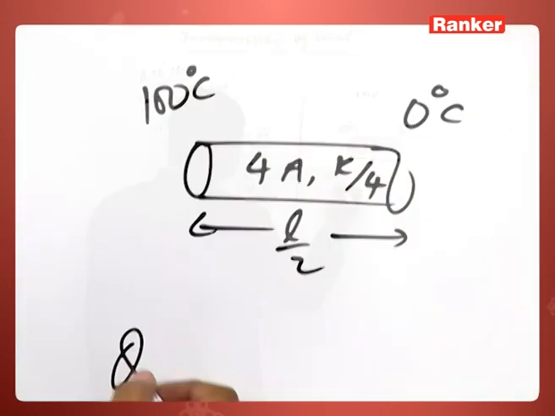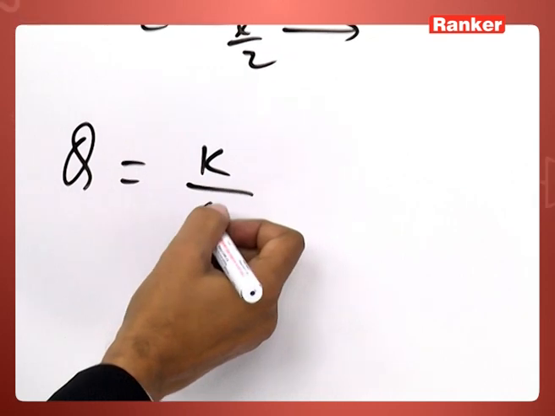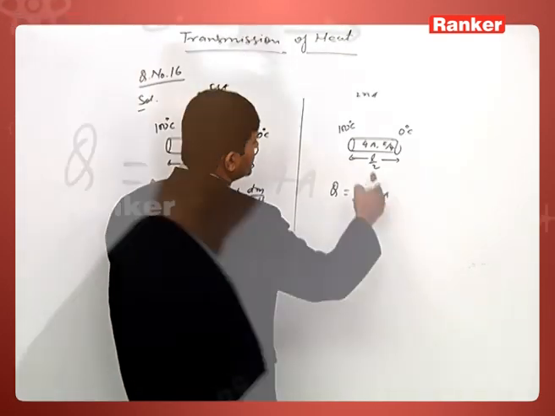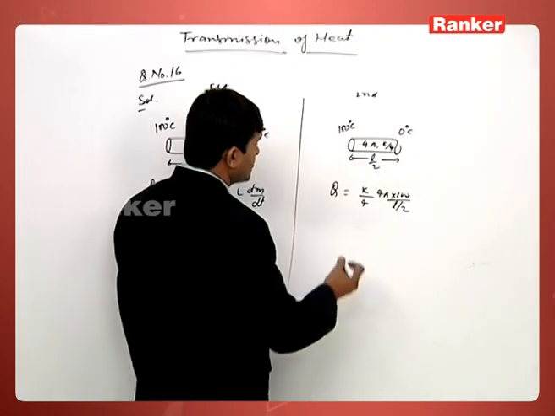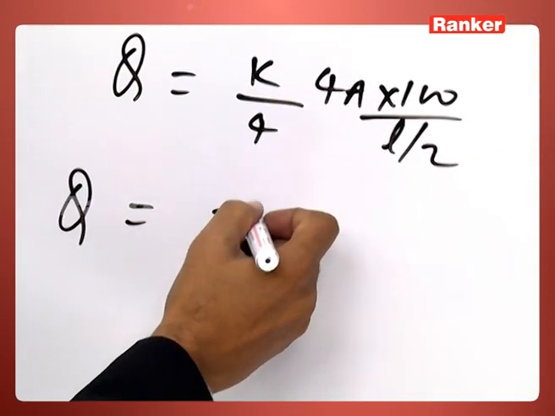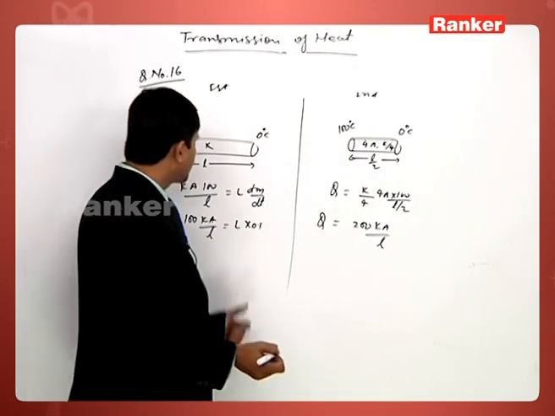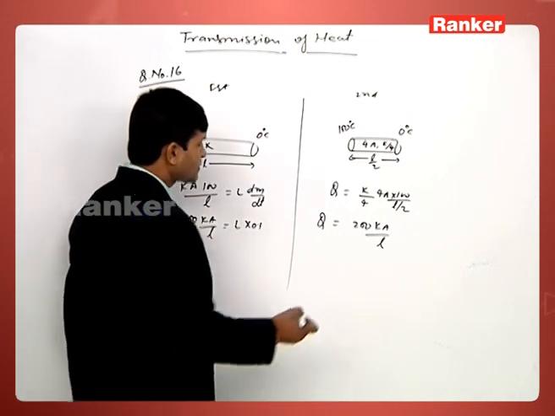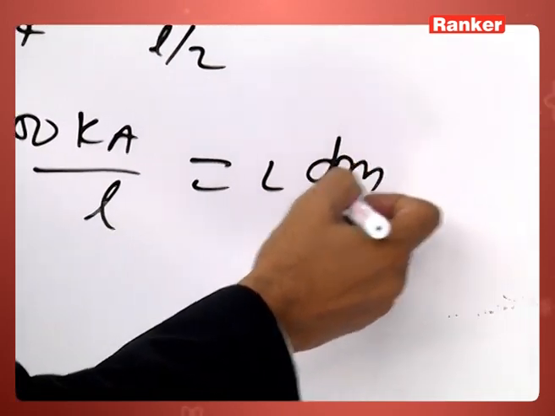Now the rate of flow of heat from here: K by 4, area 4A, delta theta 100, by L by 2. So this is 200 K A by L. 200 K A by L, and 100 K A by L is this one, so this is equal to L into dm by dt.